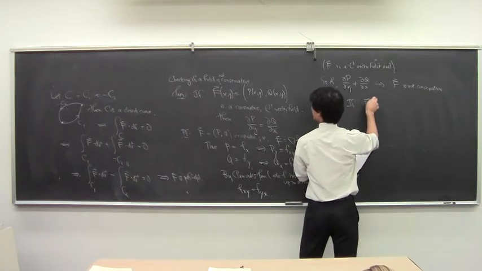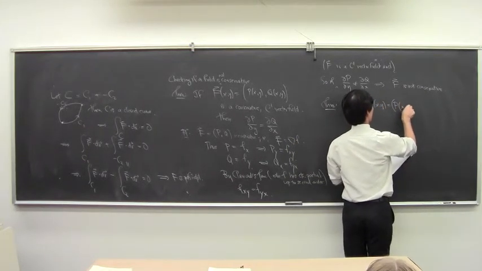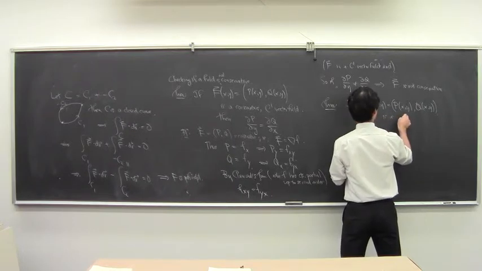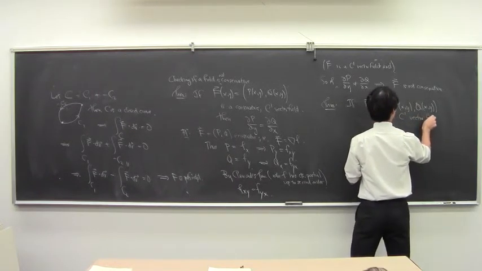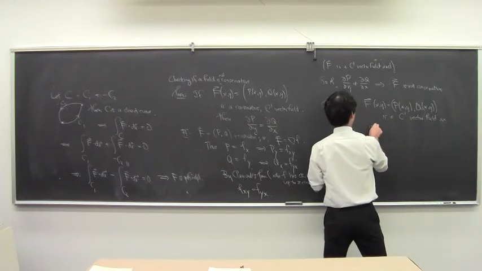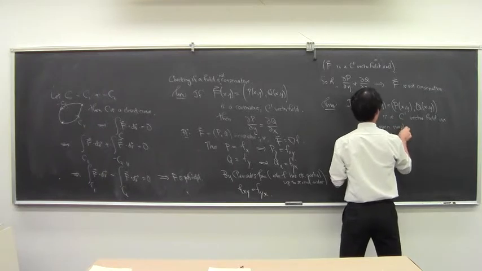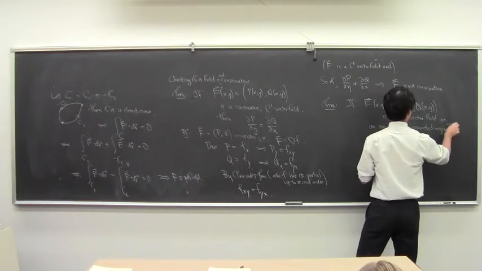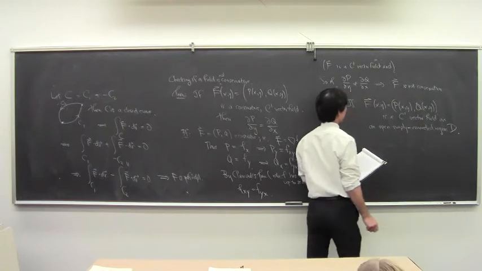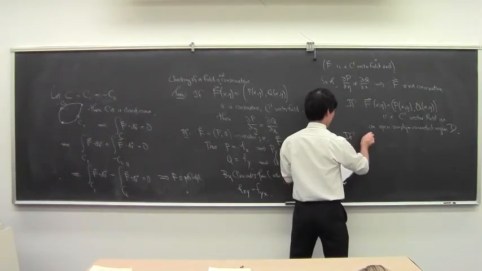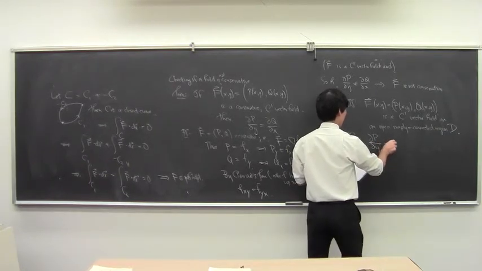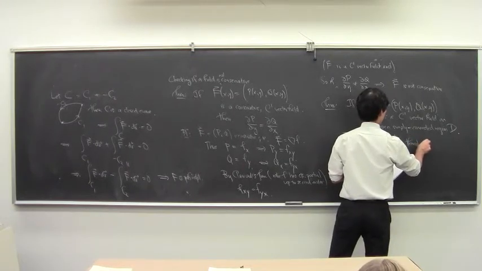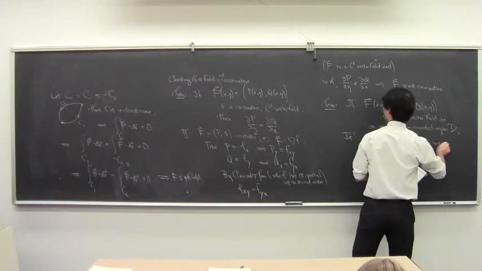If F is a C1 vector field on an open, simply connected region D, and the partial of P with respect to y equals the partial of Q with respect to x throughout D, then, in fact, F is conservative.